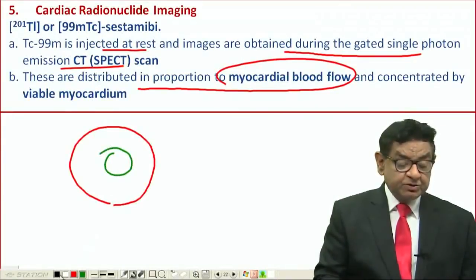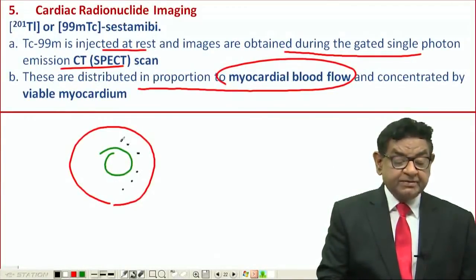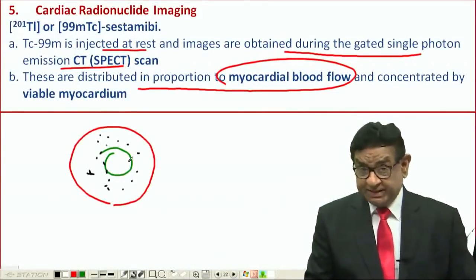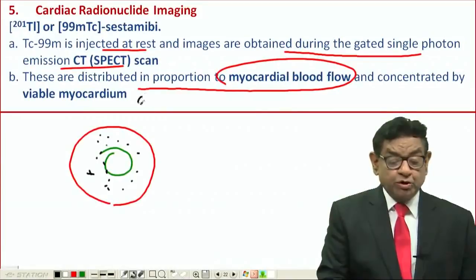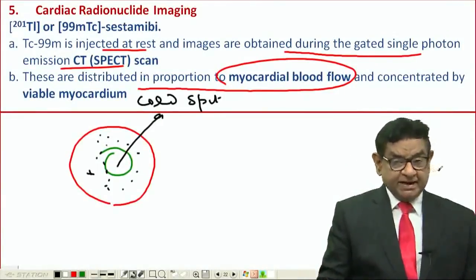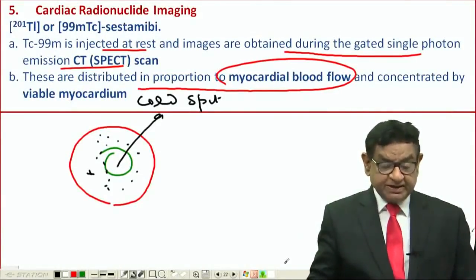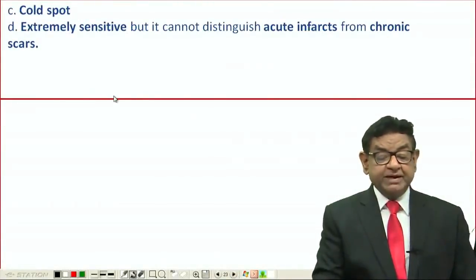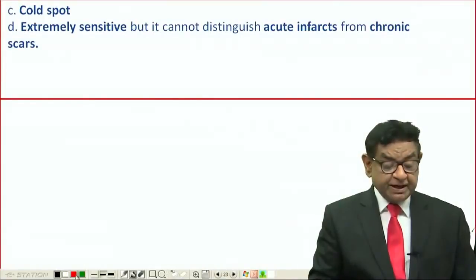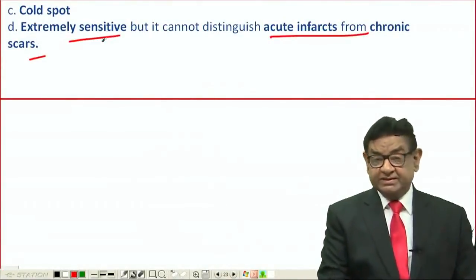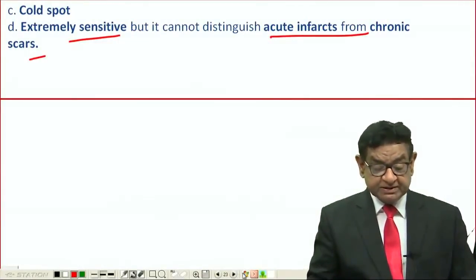So we will see blood has gone to the normal tissue, and blood has not gone to the ischemic area. So what we get is a cold spot. The cold spot like this indicates there is myocardial ischemia. It's a very sensitive test, but the disadvantage is that we can't differentiate acute from chronic ischemia. But otherwise it's an extremely sensitive test.